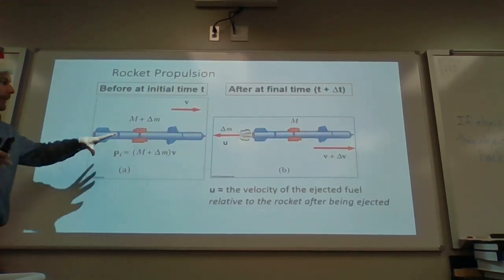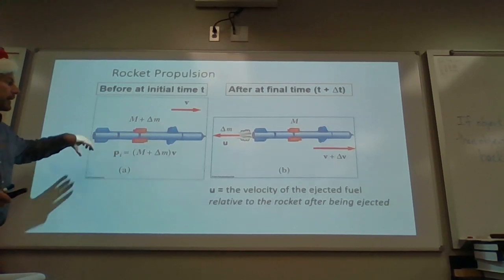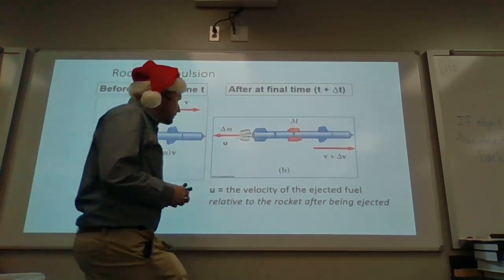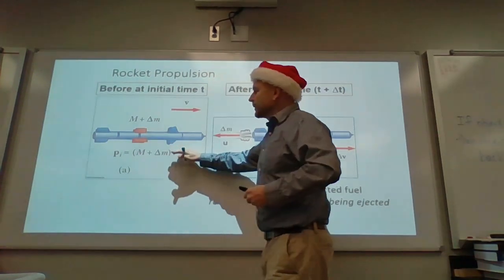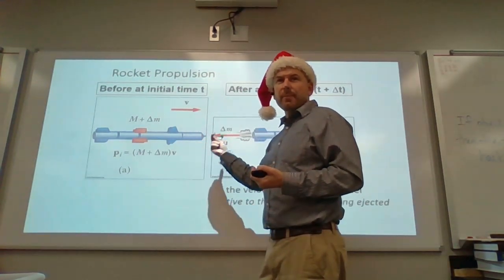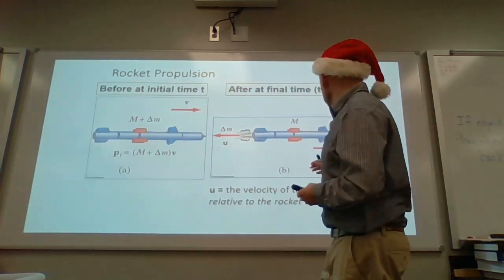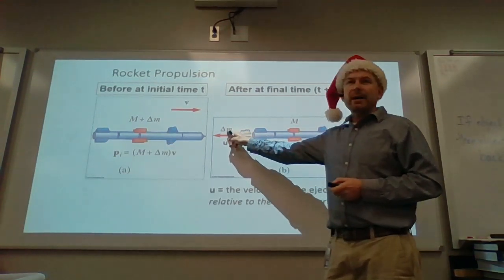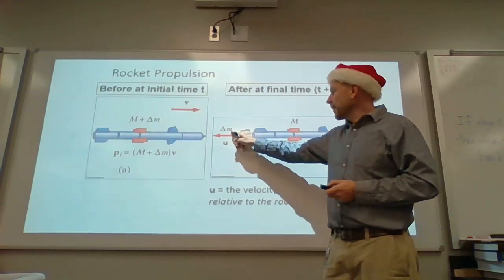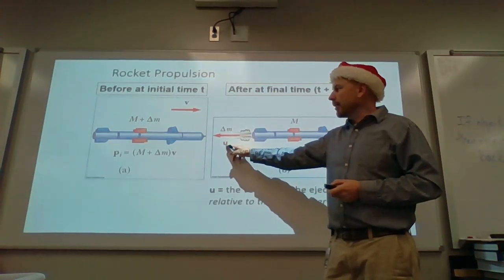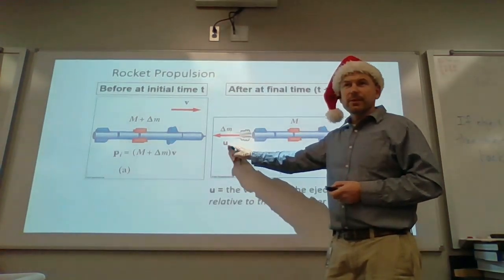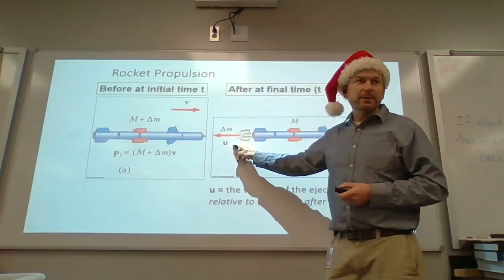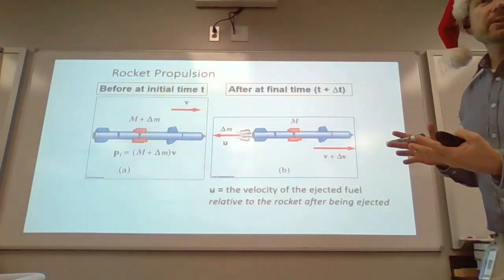So here's the cart fully loaded. It starts out, we're going to say, not at rest, moving at some moment in time. A little bit later, we've ejected some small amount of mass at some velocity, and this is relative to the rocket, not relative to a stationary observer.